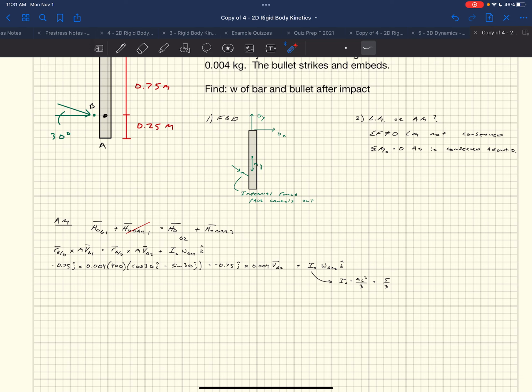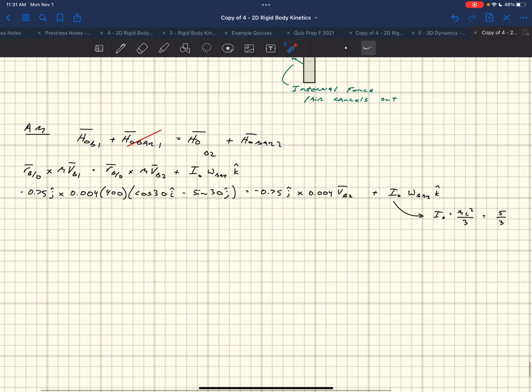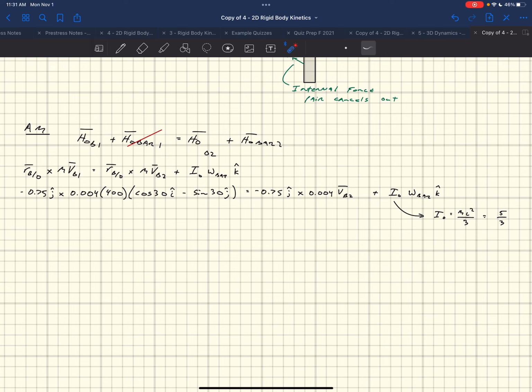And I think in your homework, there might be one of the problems where it's a little bit easier to do that, where you get a combined moment of inertia, and then all you'd be left with is just this new I and omega bar, and you wouldn't have this other part. And you end up with the same exact answer as doing it this way. You can treat them separate, or you can combine that I, either one. And so in this case, I left them separate.